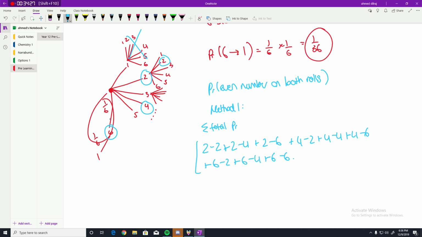So how many of these probabilities do we have? Because remember, it's a fair dice. We have 1, 2, 3, 4, 5, 6, 7, 8, 9. So what do we end up with? Can anybody tell me? I'm pretty sure everybody got it wrong.